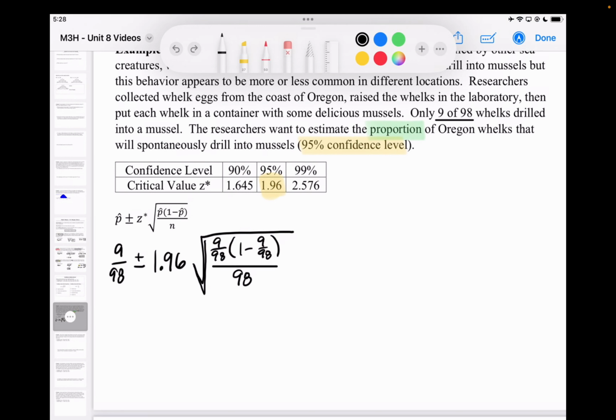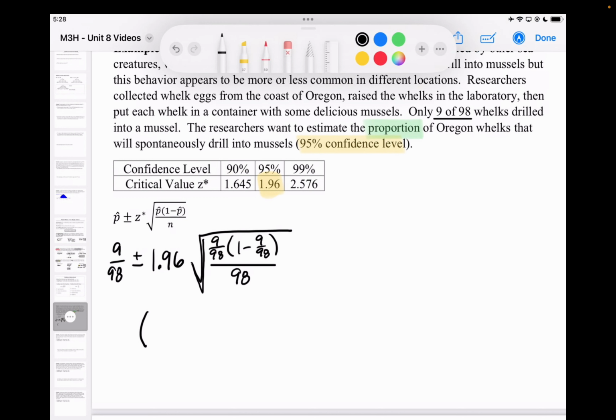You'll need to do it once where you're subtracting the margin of error and another time where you're adding the margin of error. And because we're doing an interval, the lowest number should come first, meaning the one where you subtracted should go first, and then the other number where you're adding the margin of error should go second. So I'm going to go ahead and put this in, and we will figure out our confidence interval.